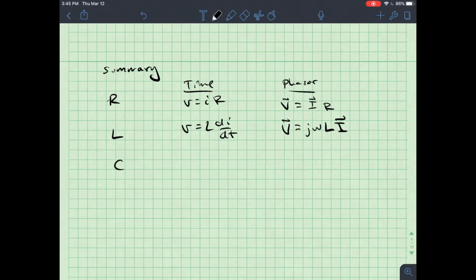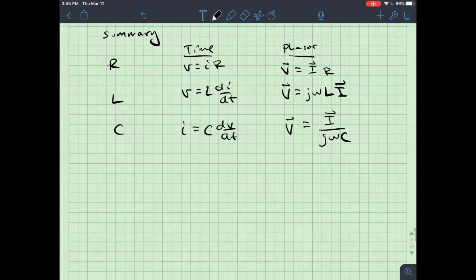And for a capacitor, the best way to do this might be to say I is equal to C dV/dt, and so V phasor is equal to I phasor over jωC.